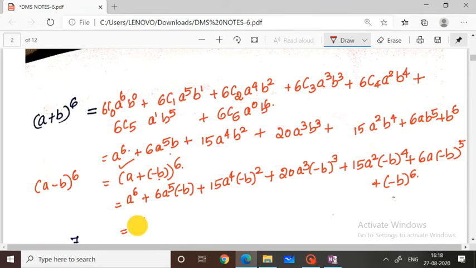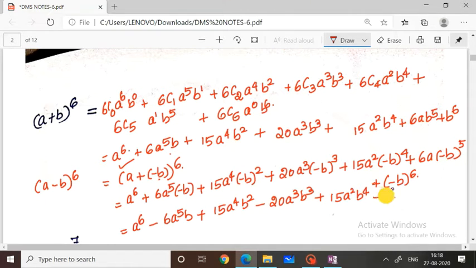That is equal to a raised to 6 minus 6a raised to 5b plus 15a raised to 4b square minus 20a cube b cube plus 15a square b raised to 4 minus 6a b raised to 5 plus b raised to 6. This is the answer.